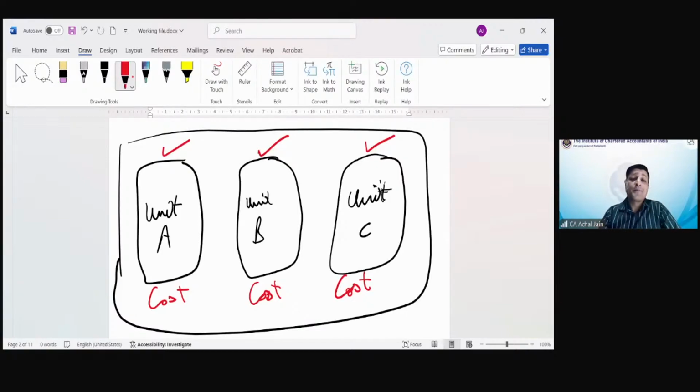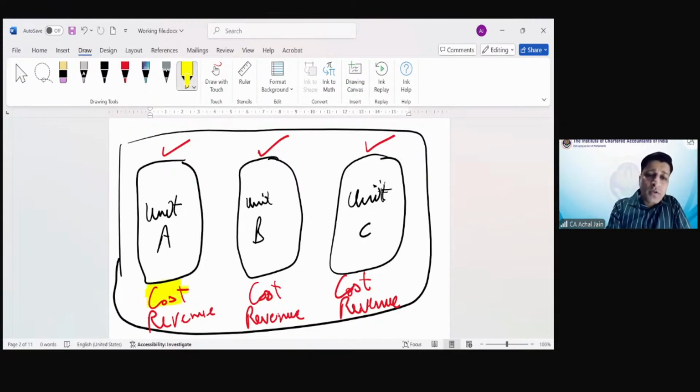Yes or no? And eventually, it appears as if separate contracts will be executed for the 3. Why? Because revenue for all of these 3 will be known. For this, revenue will be known. For this, again, revenue will be known. For this, again, revenue will be known to the contractor. So what does it mean? It means after submitting separate proposals on the basis of the cost of each unit, it appears 3 contracts will be executed.